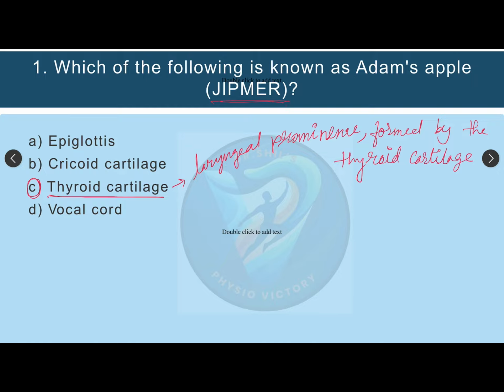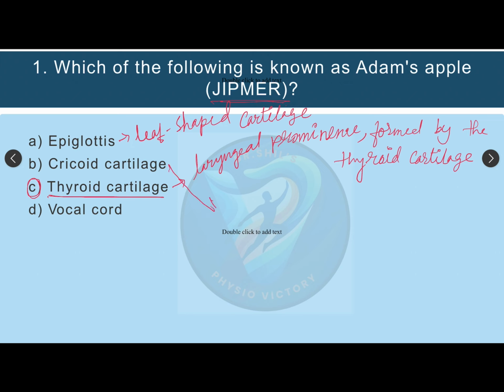It is more prominent in male due to hormonal influence during puberty. Epiglottis is leaf-shaped cartilage that prevents food entry into the trachea during swallowing.